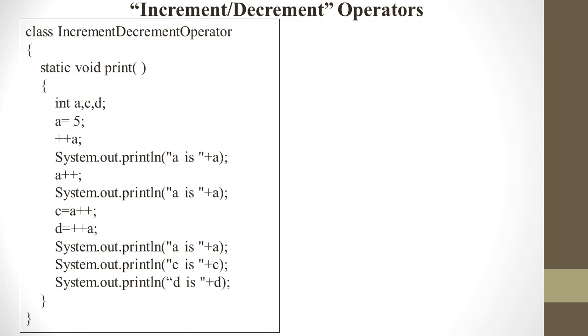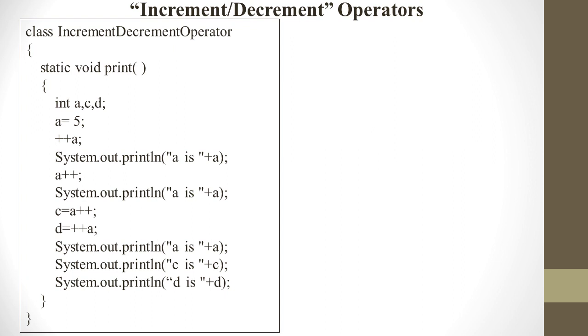Now I am assigning 5 to a. Then plus plus a. Plus plus a is a prefix version. So the initial value of a is equal to 5, then plus plus a, then I am printing the value of a.